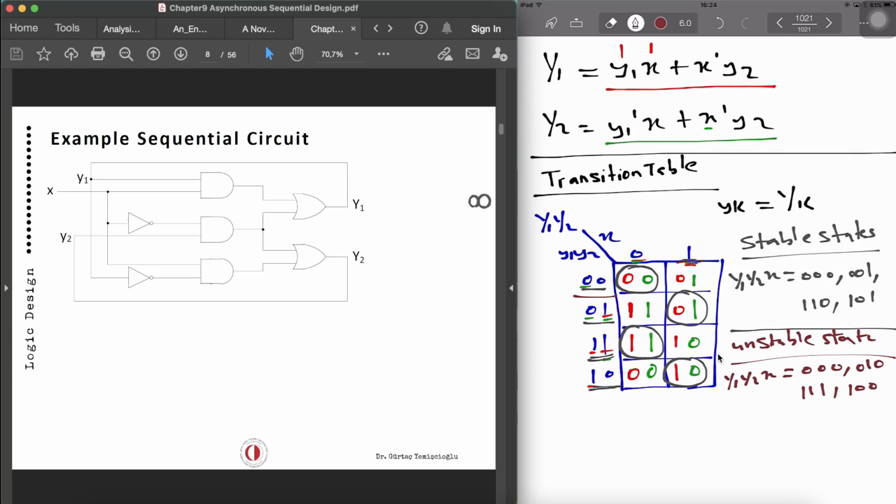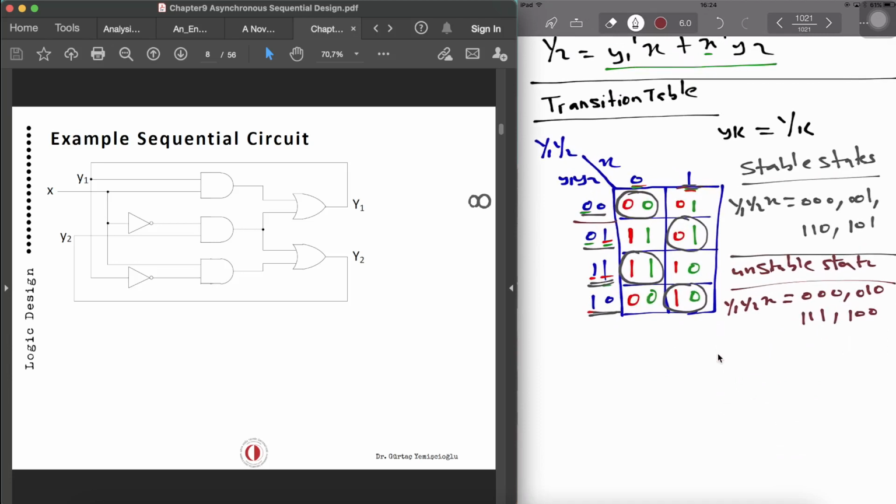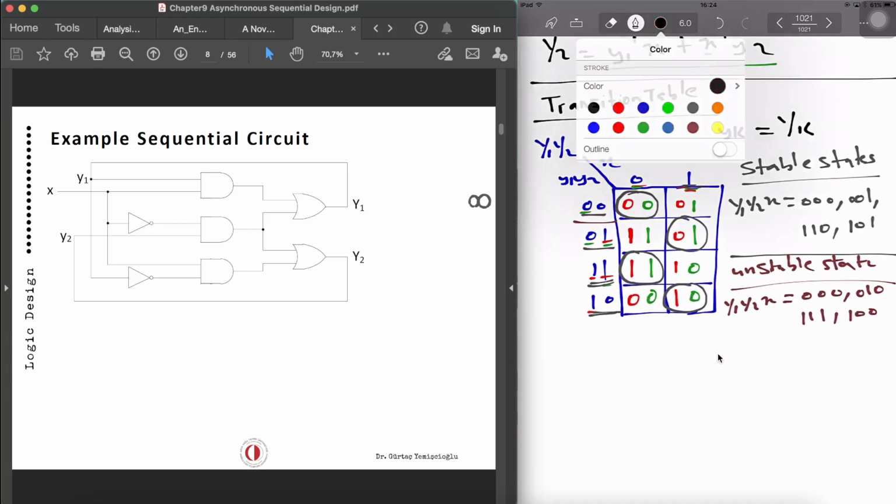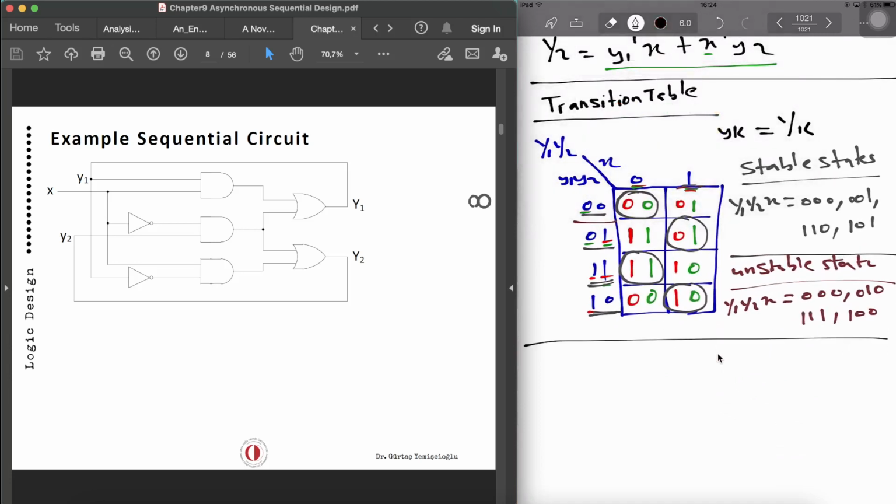One another thing that we can do as an analysis is the flow table. So flow table, once you derive the transition table, drawing a flow table is quite easy. We are just assigning the variables to these states, and that's it.